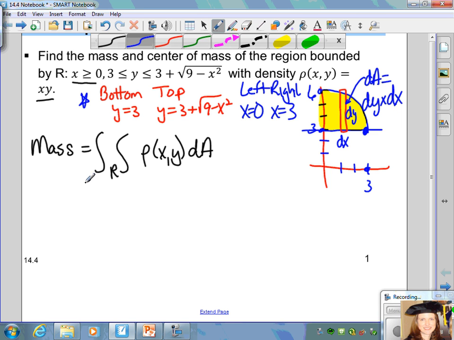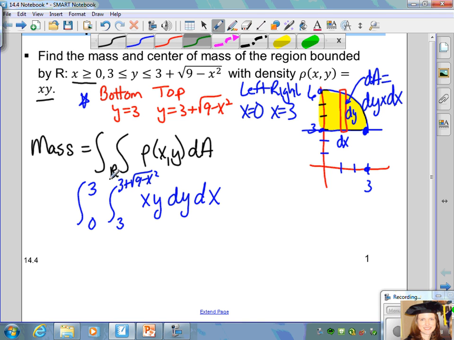So the mass is going to be a double integral where the density is x times y. The differential area is dy times dx. Our inside bounds are for y, which go from 3 to 3 plus the square root of 9 minus x squared. And our outside bounds are for x, and x goes from 0 to 3. Now we want to integrate this, beginning with the inside integral.